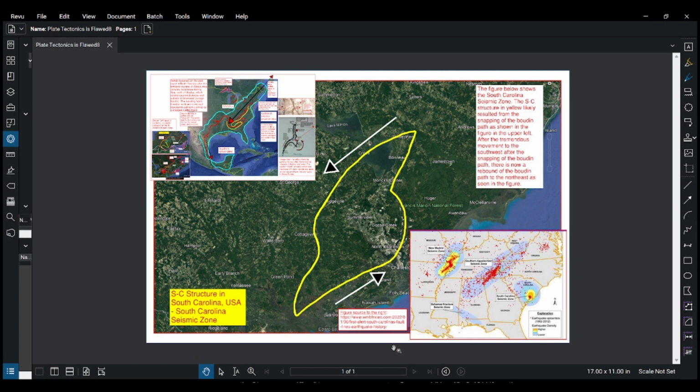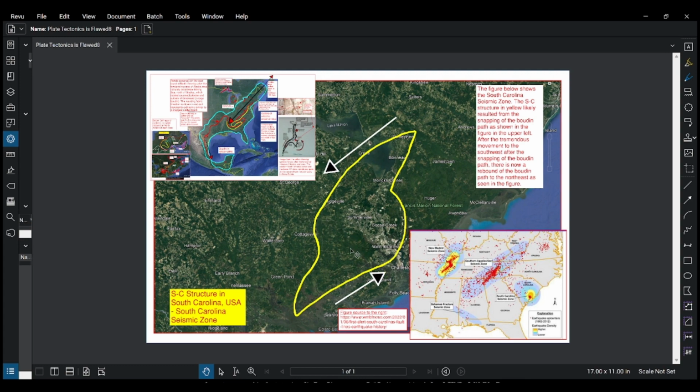Okay, what we have here is another SC structure, and this is also related to the action of the snapped rubber band, most likely, because you see that downward action of the rubber band that snapped, it came down and pulled everything down. So that's why it's shaped as such, with this counterclockwise shear direction. Follow the white arrows. So that's why that structure is there.